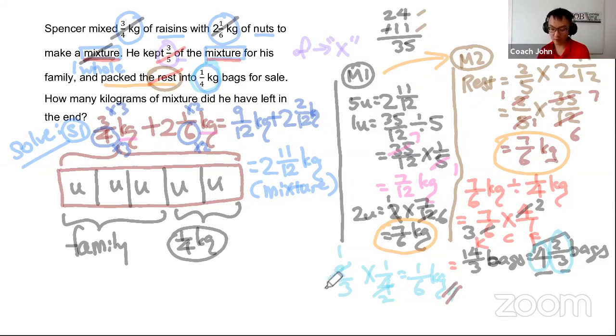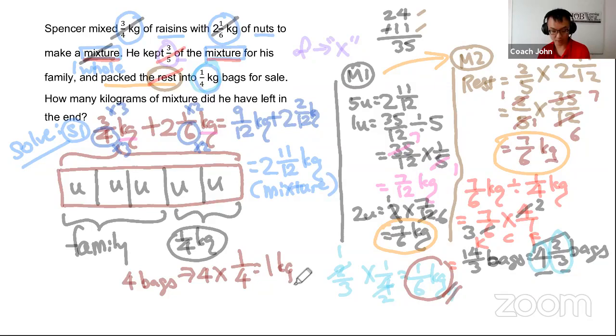If you're not convinced why this is 1/6 kg, you can actually just take, okay, so this is 4. I do this here because of space constraint. So 4 whole bags will be 4 times 1/4, which is 1 kg. So this is 4 bags.